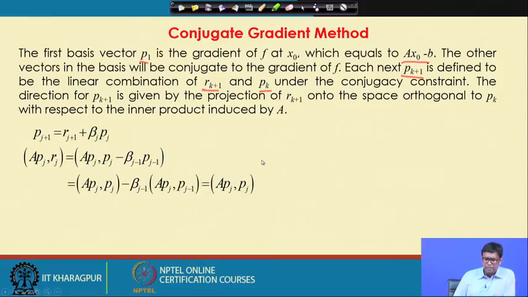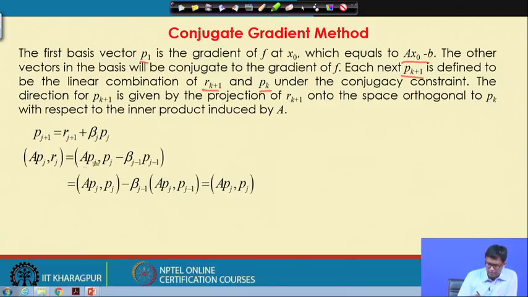So, A p j dot R j is equal to A p j dot p j, that means I can write R j as p j minus beta j minus 1 p j minus 1, and I substitute it here.